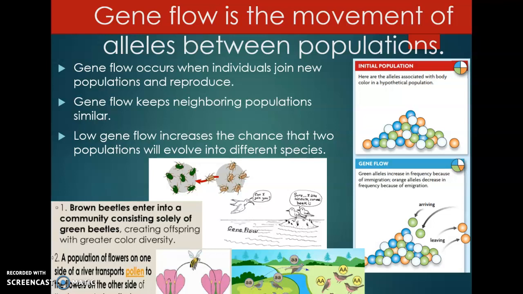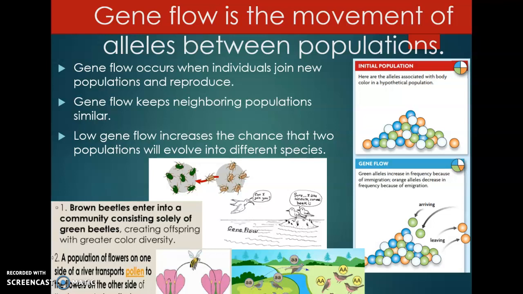Gene flow is the movement of allele frequency due to the movement of alleles into or out of your population. So we're talking about migration. If you think back to when we talked about gene pool and we looked at that picture of the frogs that were green and then some of them were brown, and the allele frequencies, there were a few more green than brown.